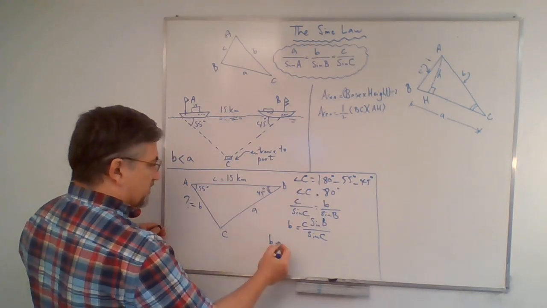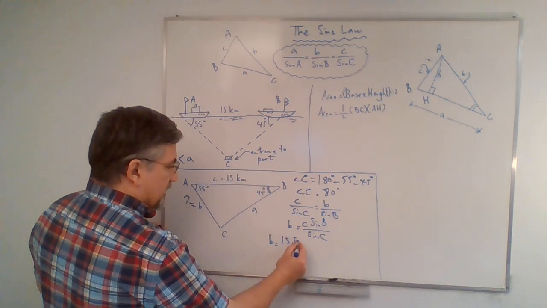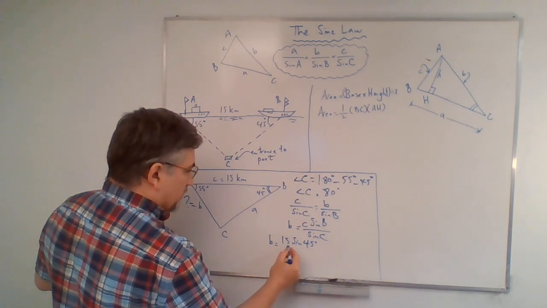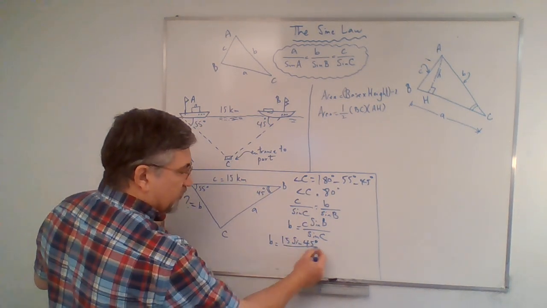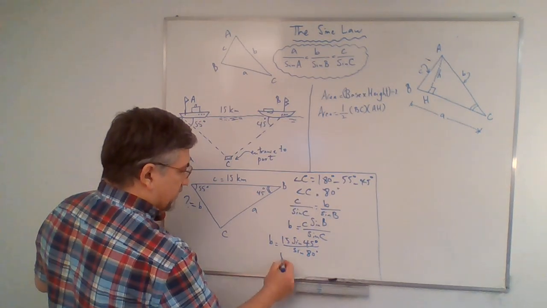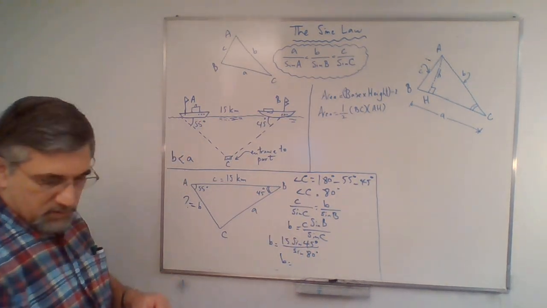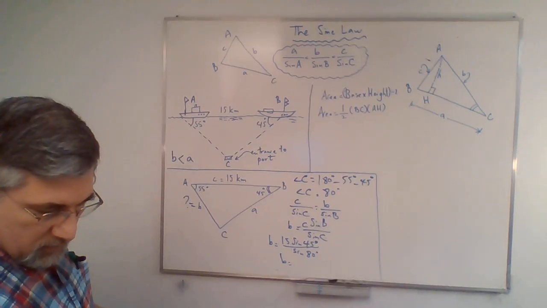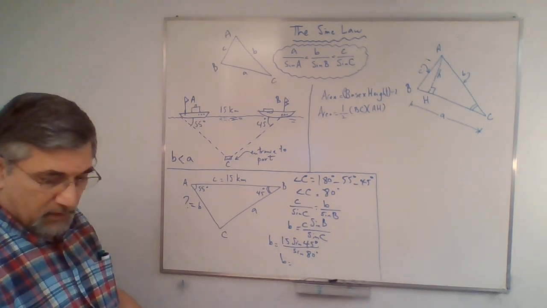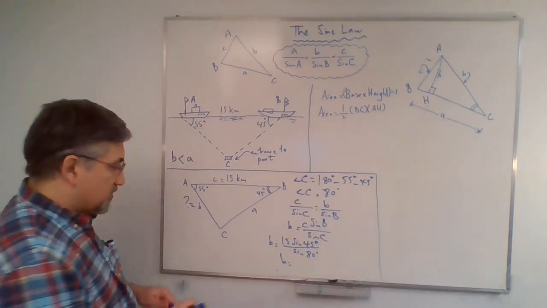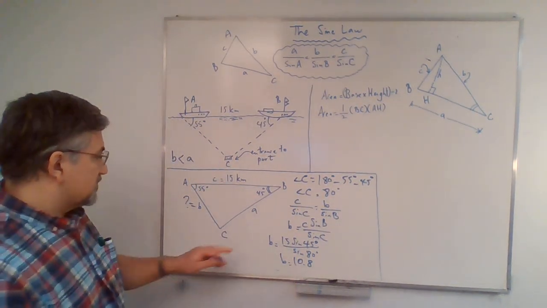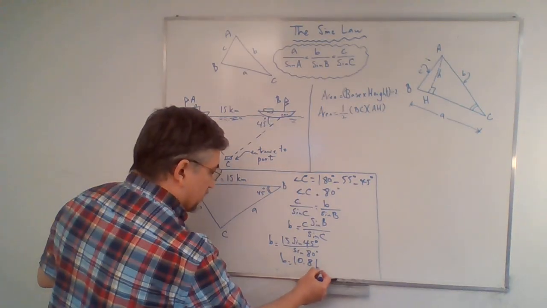C is 15 kilometers, angle B was 45 degrees. So 15 times sine of 45 divided by sine of 80 degrees. We did the substitution, and using a calculator the answer is 10.8 kilometers.